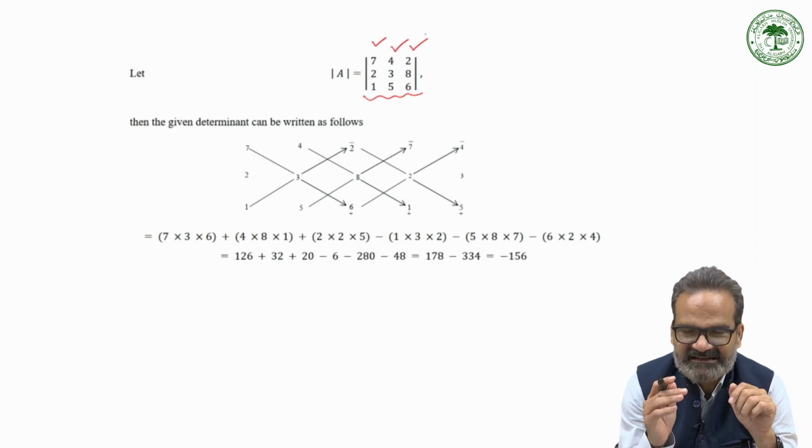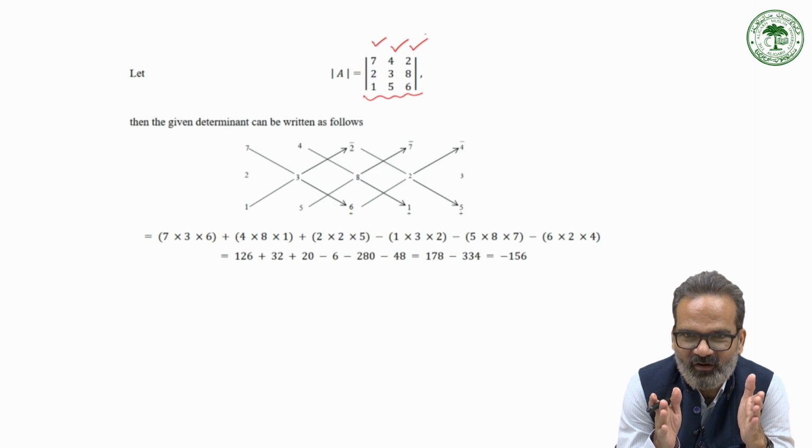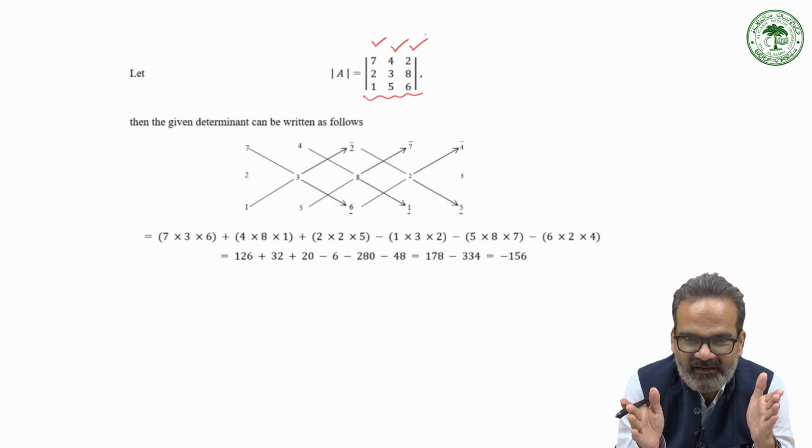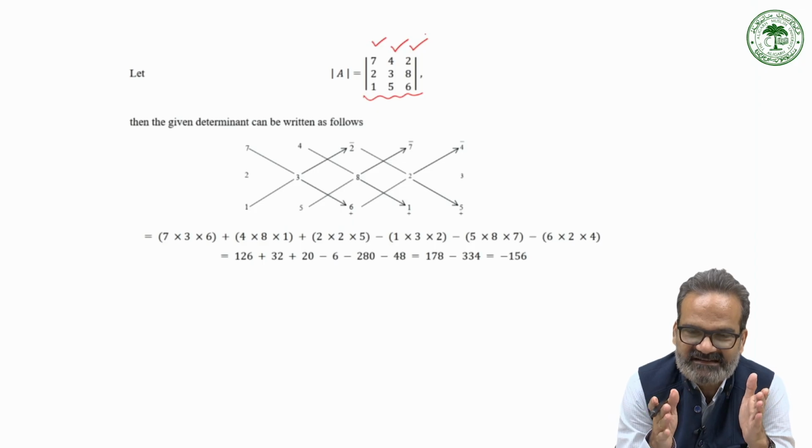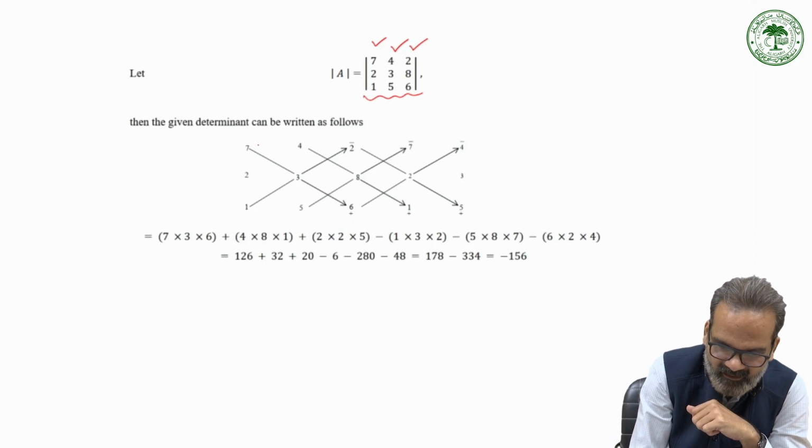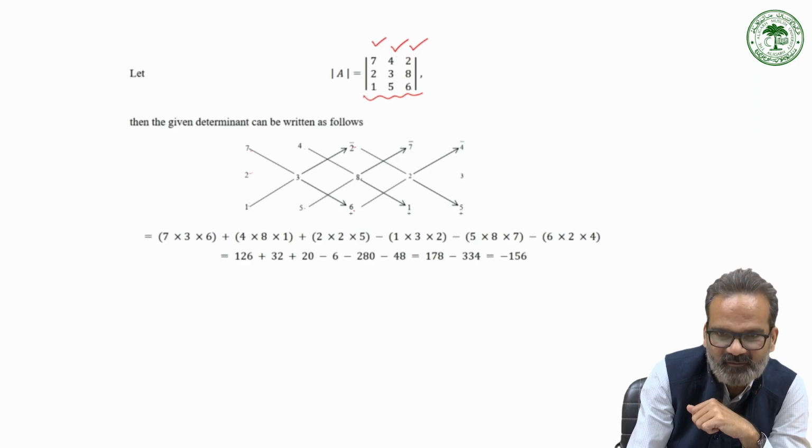So what Sarrus did? In place of the 3 columns, we will write down a determinant having 5 columns. First and second columns are being repeated. See, 7 2 1 column 1, 4 3 5 column 2, 2 8 6 column 3, right?